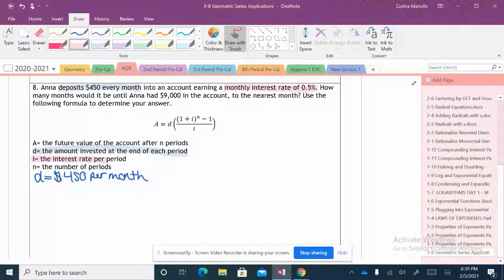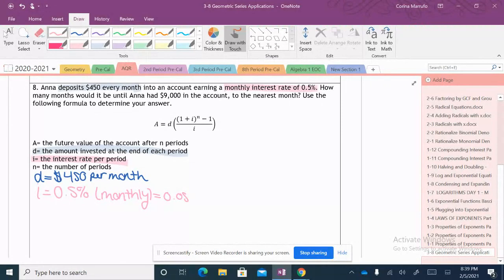The interest rate per period, well, our periods are all the same right now. They are monthly. So it's an interest rate of 0.5%. This is a monthly interest rate. Now remember, when we plug this into the formula, we do have to write it as a decimal.